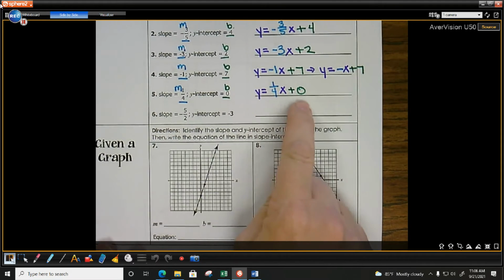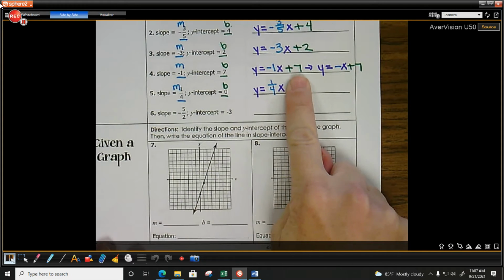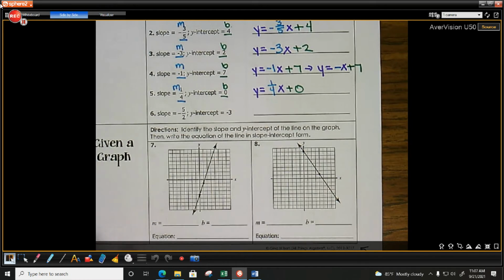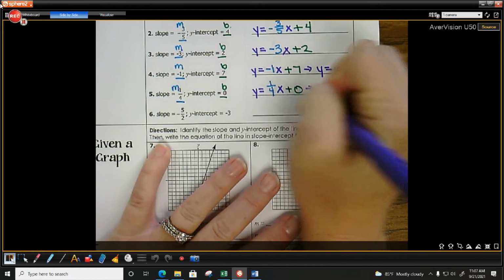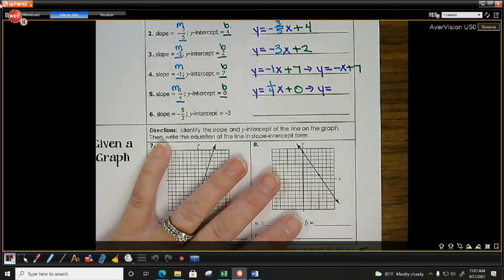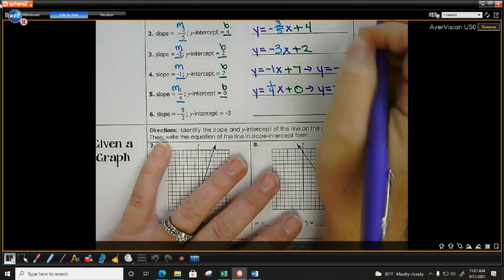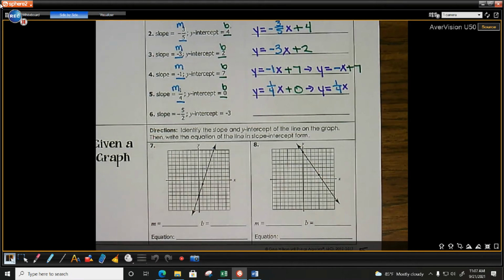However, if you have a constant of 0, do you need to write that plus 0? No, because does adding 0 to something change it? No. So I would rewrite this as just y equals 1/4 x. Good?